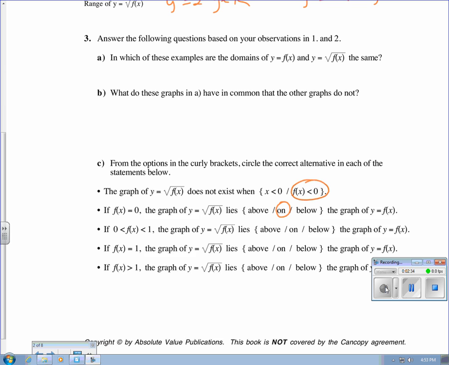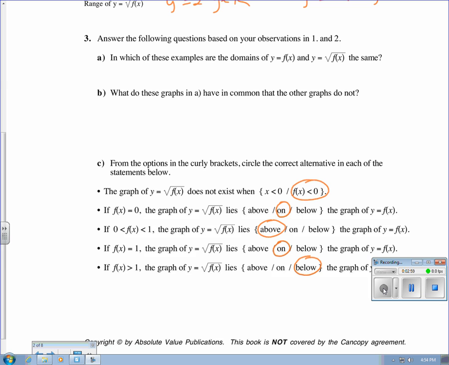They're actually going to be the same point, since the square root of 0 is 0. If the y value is between 0 and 1, the graph of the square root of that function lies. So we see some nice connections with square roots.